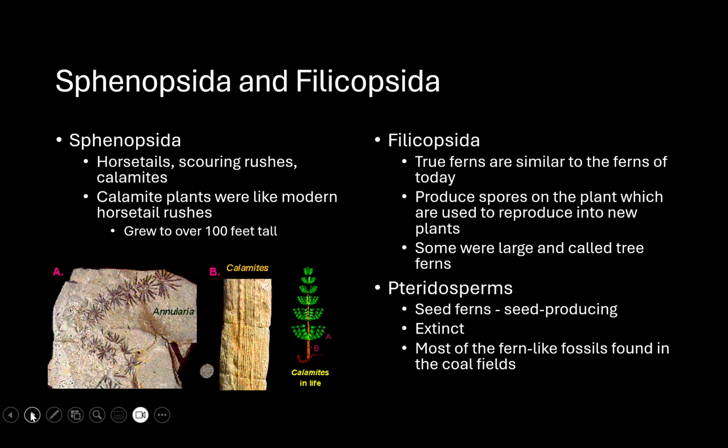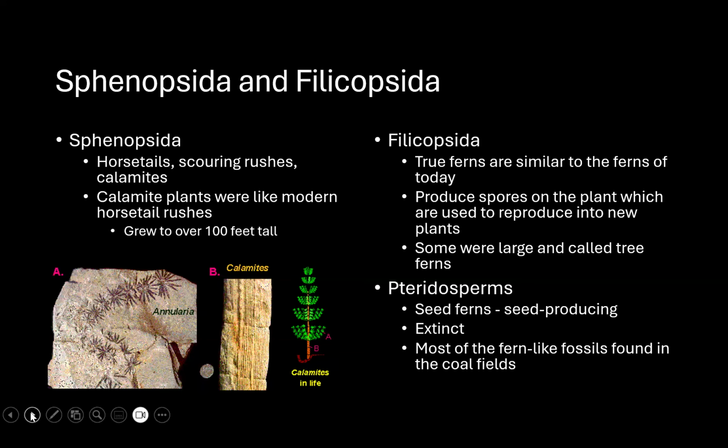Another plant that we look at is the Filicopsida, what we call our true ferns. You may have heard me mention seed ferns earlier, but also true ferns. It gets confusing because we're throwing the word fern all around. But let's think of it this way. Our modern day ferns are spore producers.